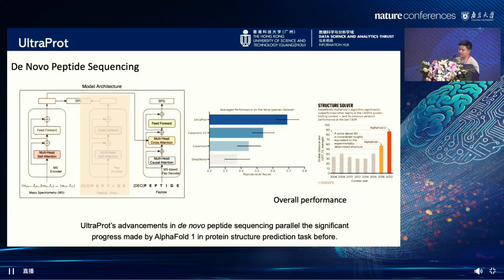We can observe that our UltraProt model achieved nearly 80% score, which outperformed the previously best model by nearly 20%. This advancement is similar to the significant progress made by AlphaFold 1 in the protein structure prediction task before.